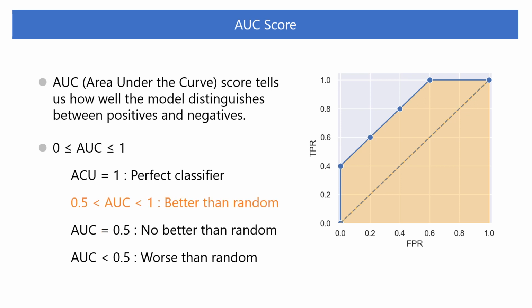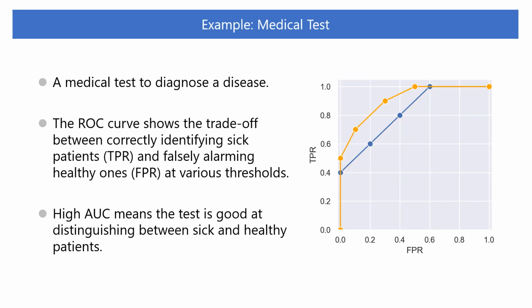If AUC score is larger than 0.5 but lower than 1, the model is not perfect, but the model's predictions are better than random guessing. If AUC score is lower than 0.5, it means the model is worse than random guessing. So, the model may have certain problems. Imagine a medical test to diagnose a disease.